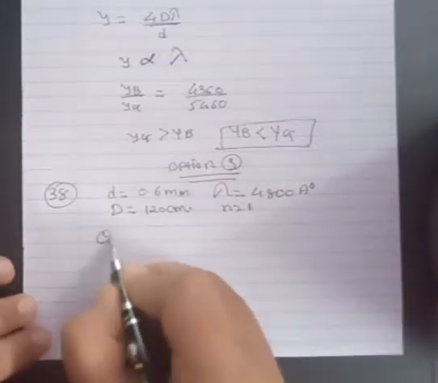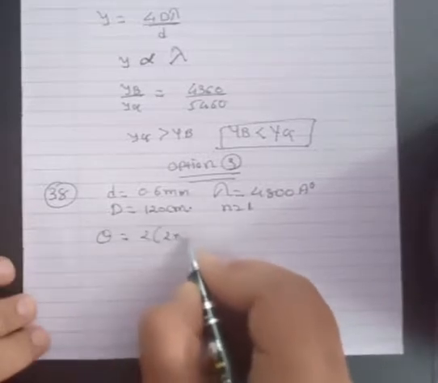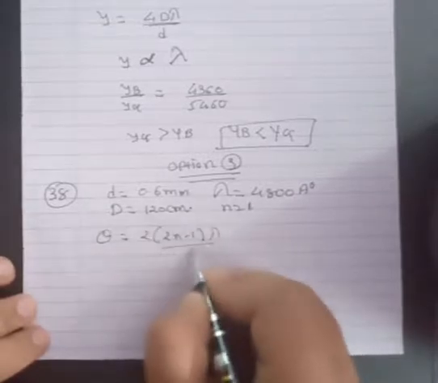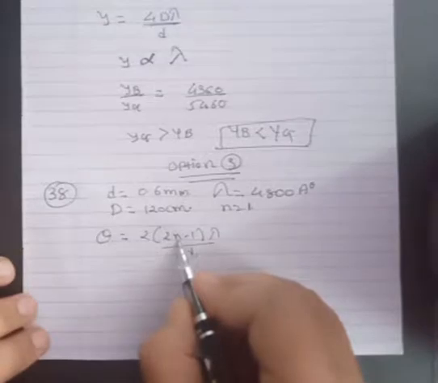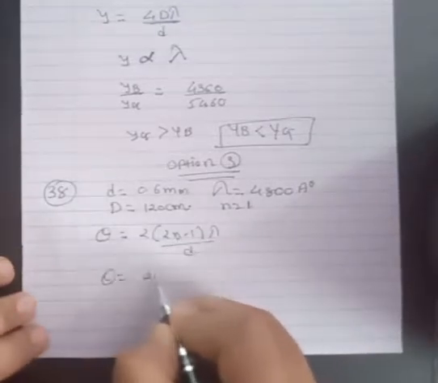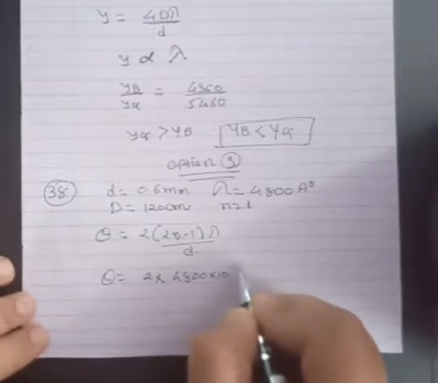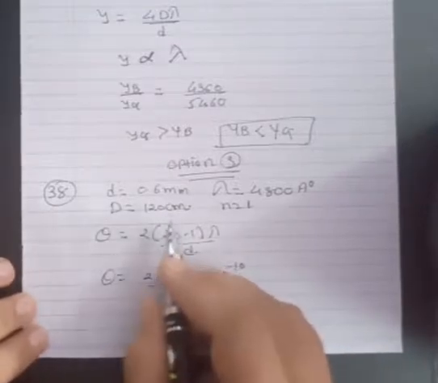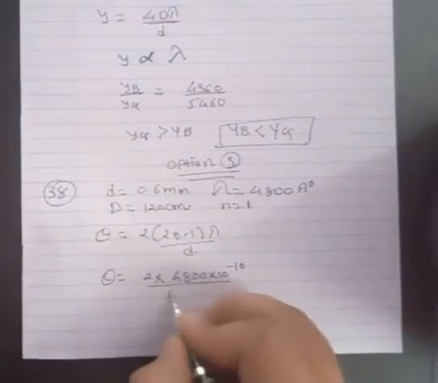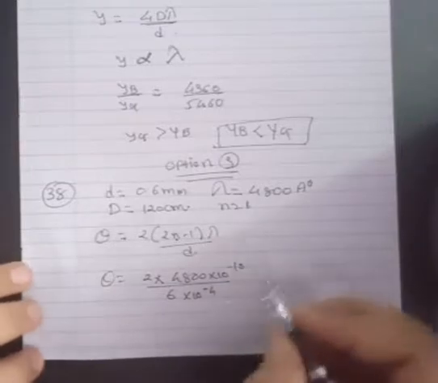The angular width of the dark fringe is given by 2 into (2n minus 1) lambda by d. N will be equal to 1. So this will give us 2 into 4800 into 10 power minus 10 divided by d, that is 6 into 10 power minus 4.